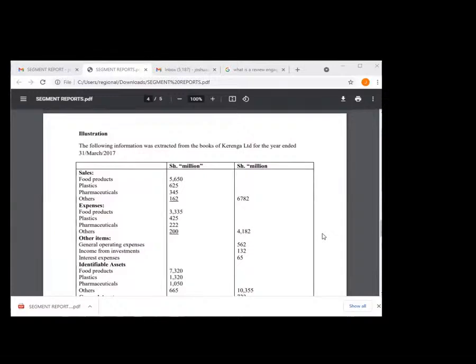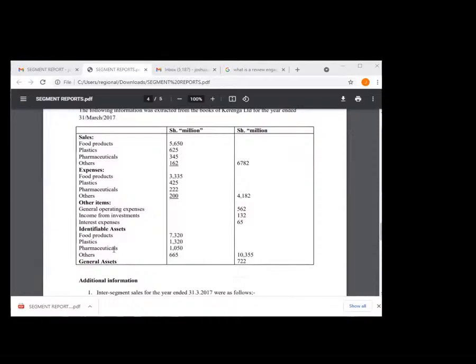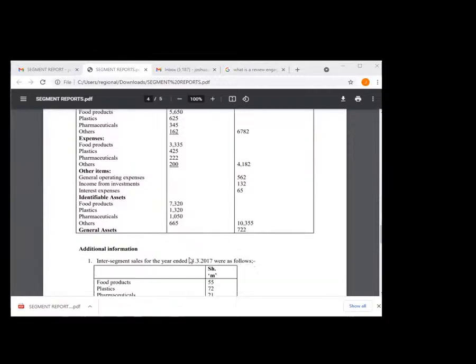The following information was extracted from the books of Kerenga Limited for the year ended 31st March 2017. You can see sales, they're giving you sales in form of segments: food products, plastics, pharma, others. Expenses the same, like that, others. General operating expenses and other items. We have income from investments, and then we have interest expenses. Then we have identifiable assets for each of the segments, and then the general assets.